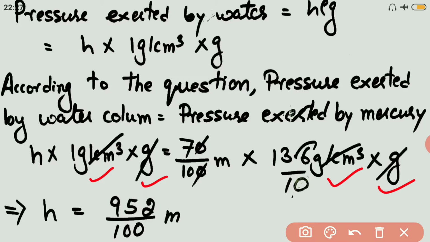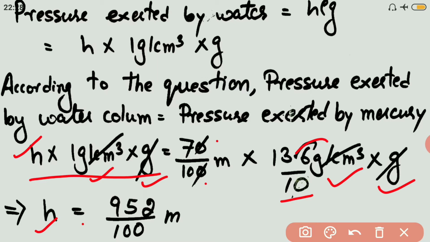Now on my left hand side I am left with just H, so H equals this. Solving this part, I have removed one decimal, so I put a point here. Then I have cancelled 1 0 and 1 0 here.